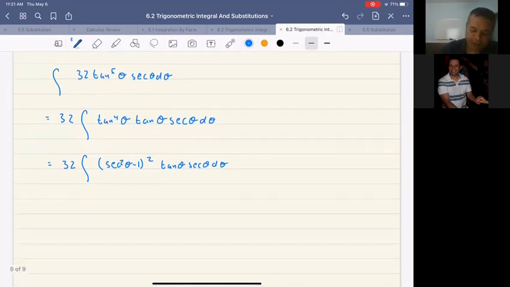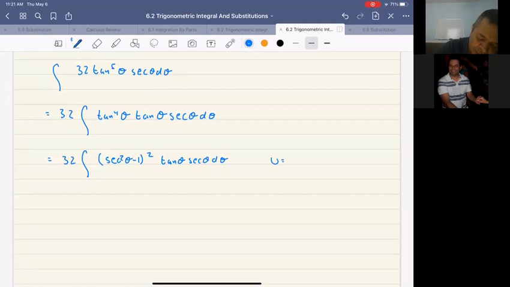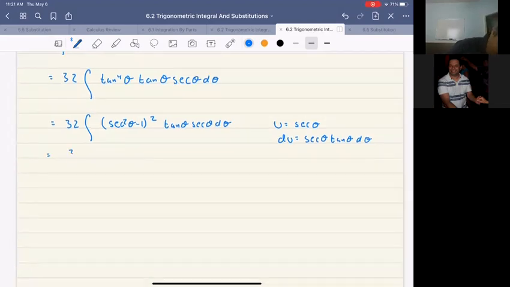Okay, so now we're going to let u equal secant theta, du is secant theta tan theta d theta. So we get 32 integral u squared minus 1 squared du.